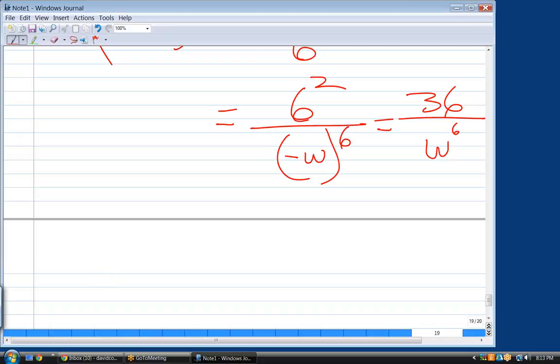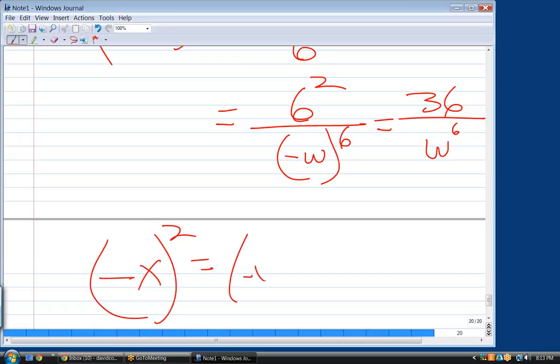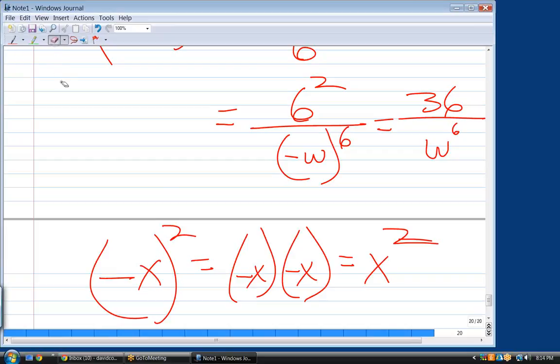In other words, when you take a negative number to an even power, that's the same as negative x times negative x, which is positive x squared. So whenever you take a negative number to an even power, you basically get rid of the negative sign. If I took negative x to the 3rd power, an odd number, that's negative x times negative x times negative x, so it's still negative.